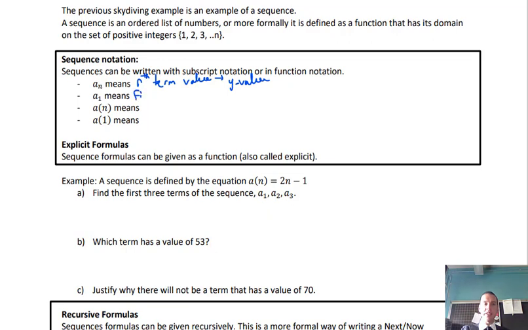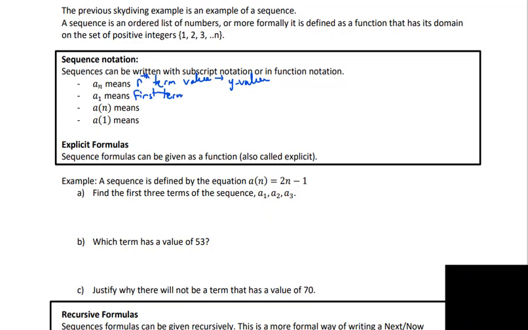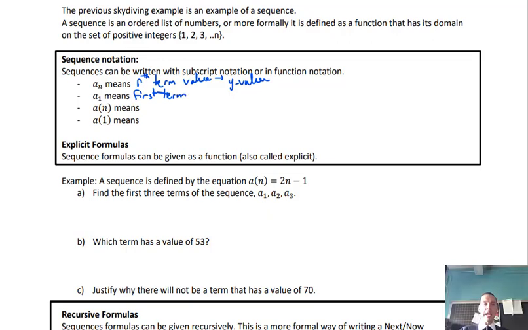A of 1 is the first term. A subscript 1 is the first term, the term that's the number 1. A of n is the same idea. It's just a different way of writing it.